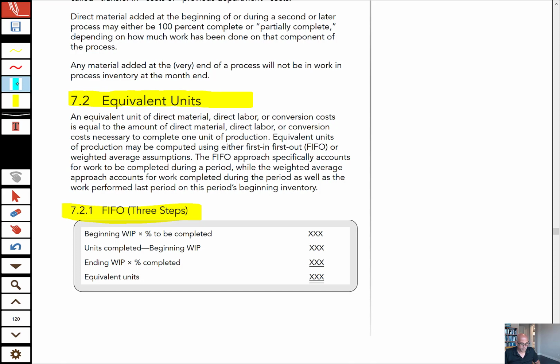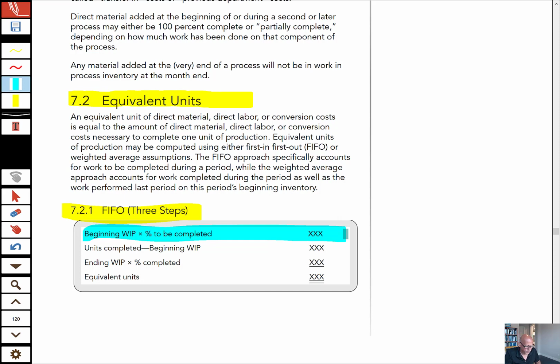So what happens? We have our beginning inventory, and whatever percent was completed during the period, the work in process, the beginning inventory times the percent completed, we give ourselves credit for that, which we completed this period.